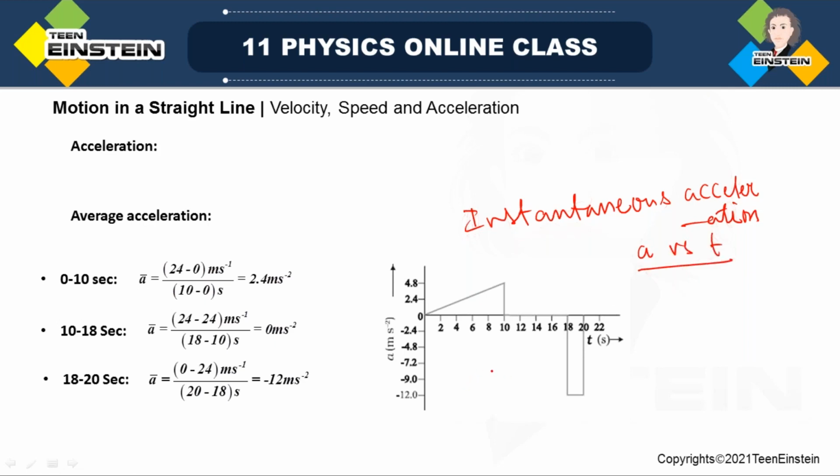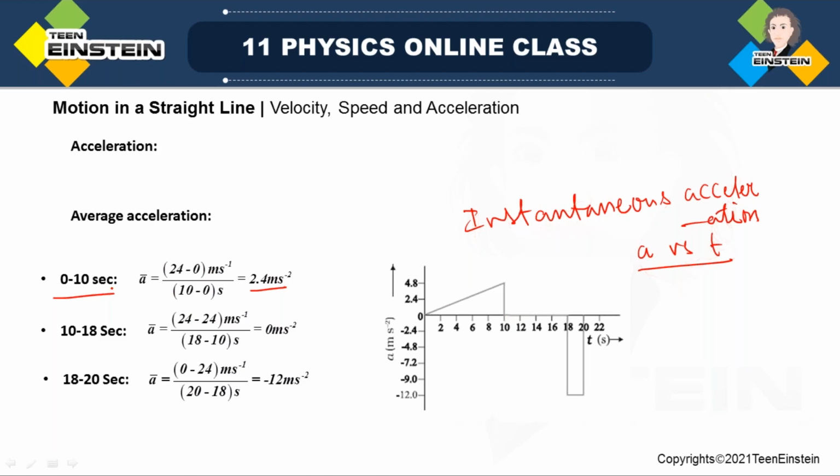In this case, we have found 2.4 acceleration for the time interval 10, but instantaneous means at each instant it should give. So what is the acceleration at 0 second? It is 0. And what is the acceleration at 10 second? It is 2.4 over here.